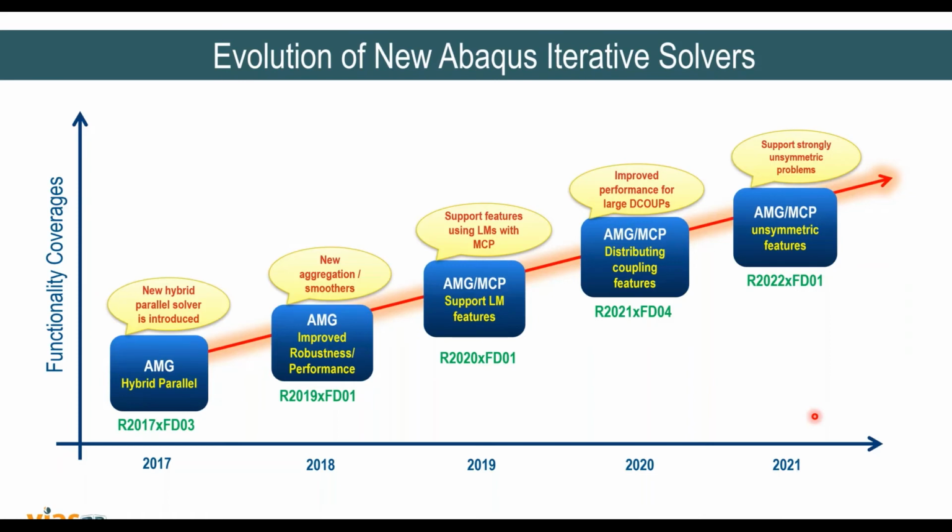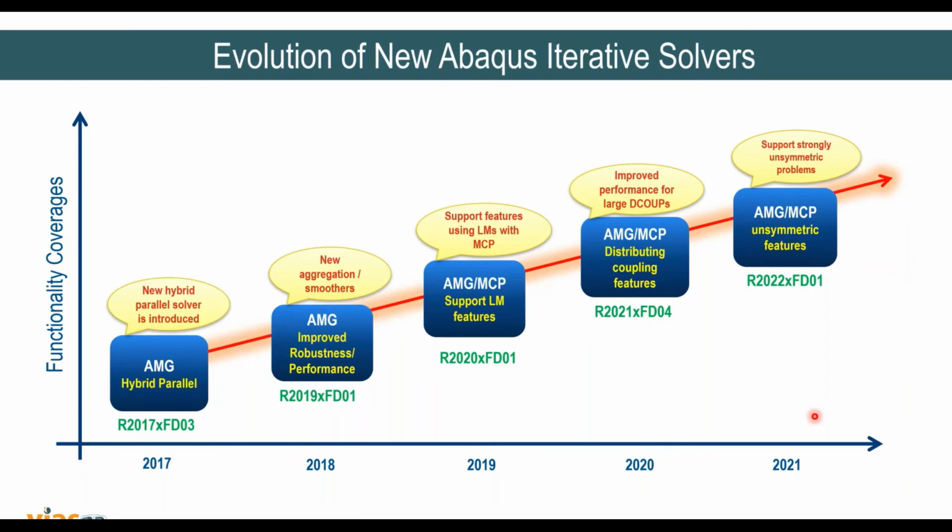In 2017, the new hybrid parallel solver was introduced, and as we moved on in 18, improved robustness and performance came, and then it started supporting the Lagrange multipliers and the MPCs. So this iterative solver is becoming more and more generic, including many features for running huge models faster and faster.